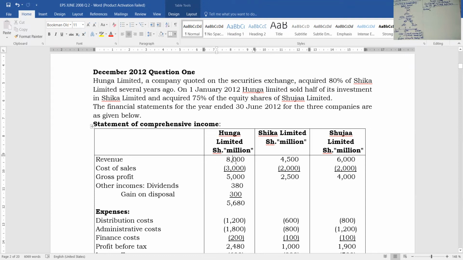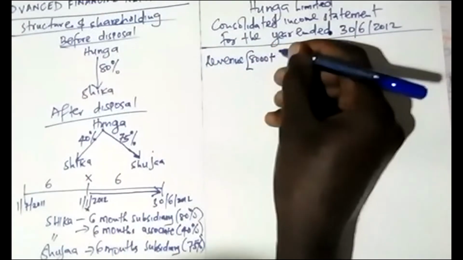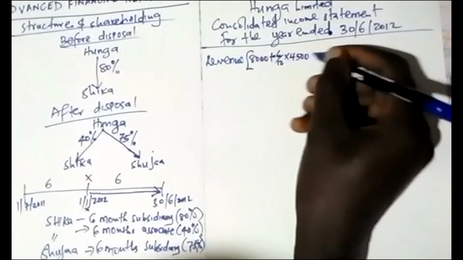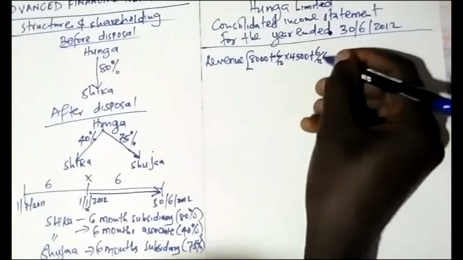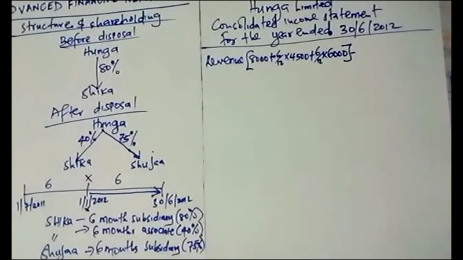So I will take the parent, 8,000, plus 6/12 times 4,500, plus 6/12 times 6,000.